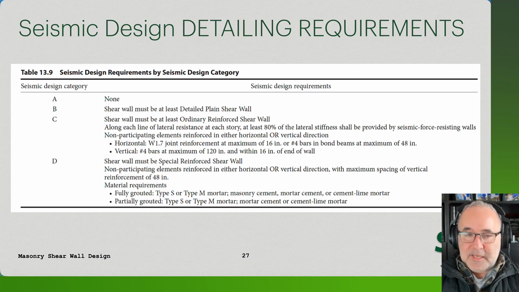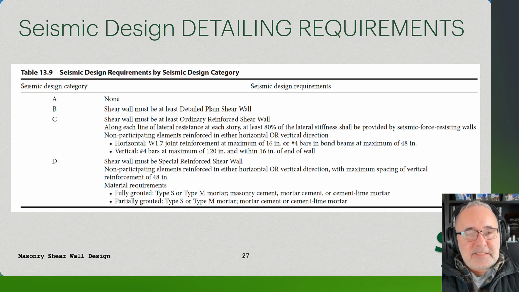A lot of the country can actually be in seismic design category A or B, where a shear wall must be at least a detailed plain shear wall. When we get into seismic design category C, a shear wall can be at least an ordinary reinforced shear wall. Maybe it needs to be intermediate, which can give you a little bit better response characteristics.